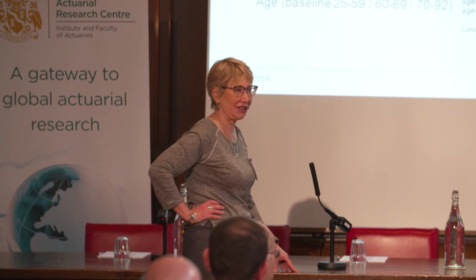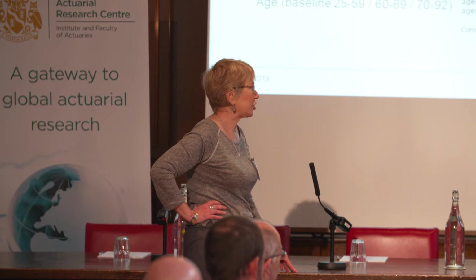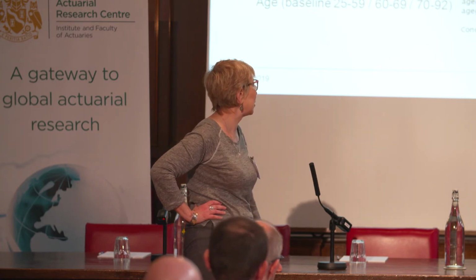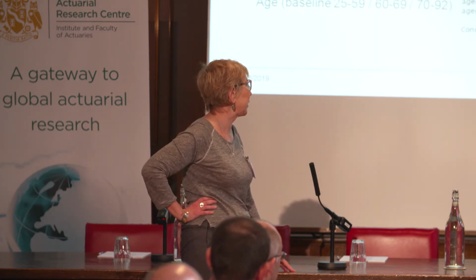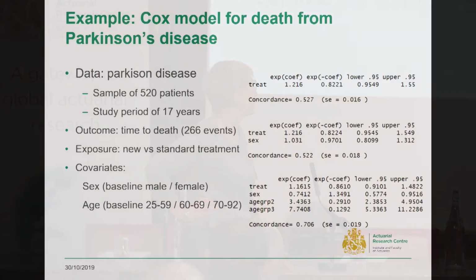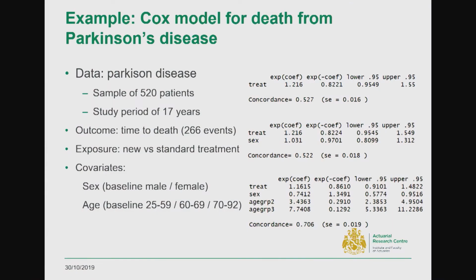So it's like a Kendall's correlation coefficient between the risk score and the time of death. When concordance is about 0.5, it means the model has no predictive power at all. You can toss a coin. But when concordance is 0.7, the predictive ability of the model is much better. And in survival analysis, concordance of about 0.7 to 0.8 is a standard for a good model.